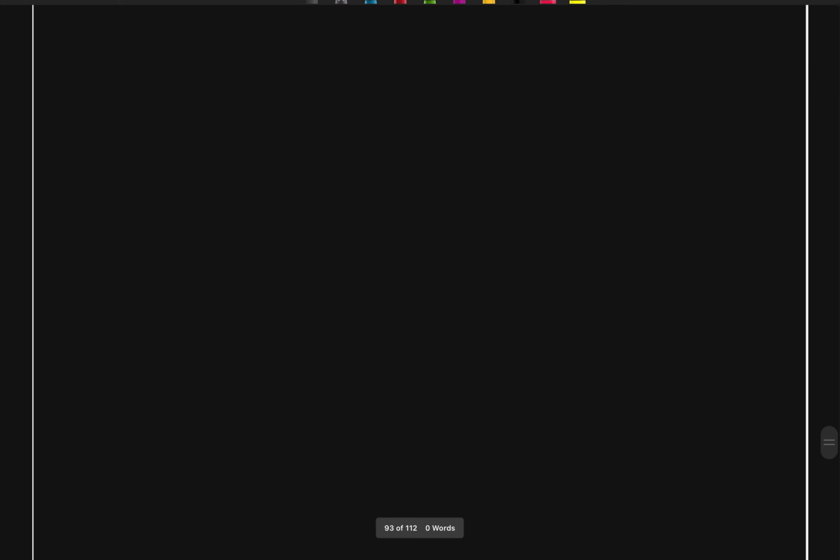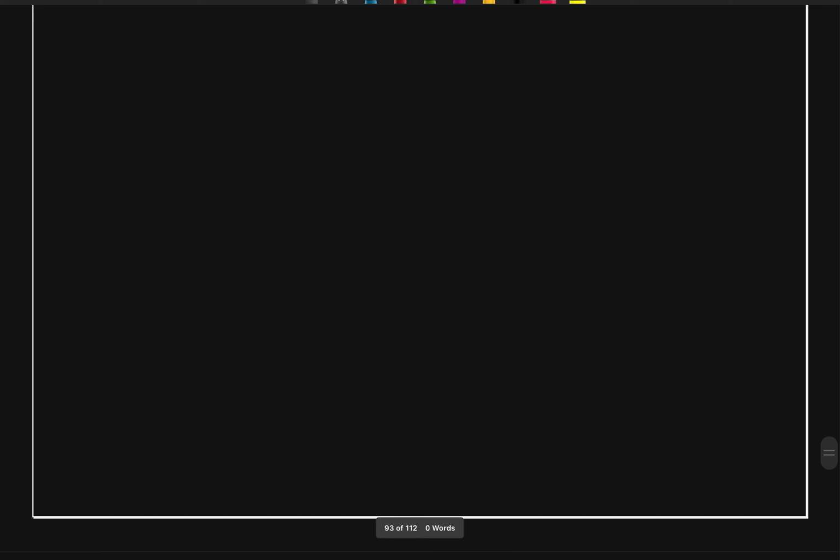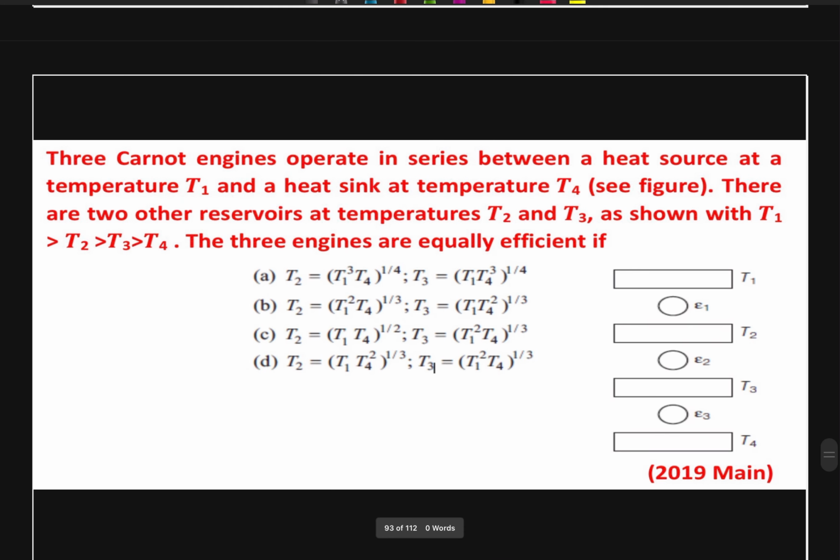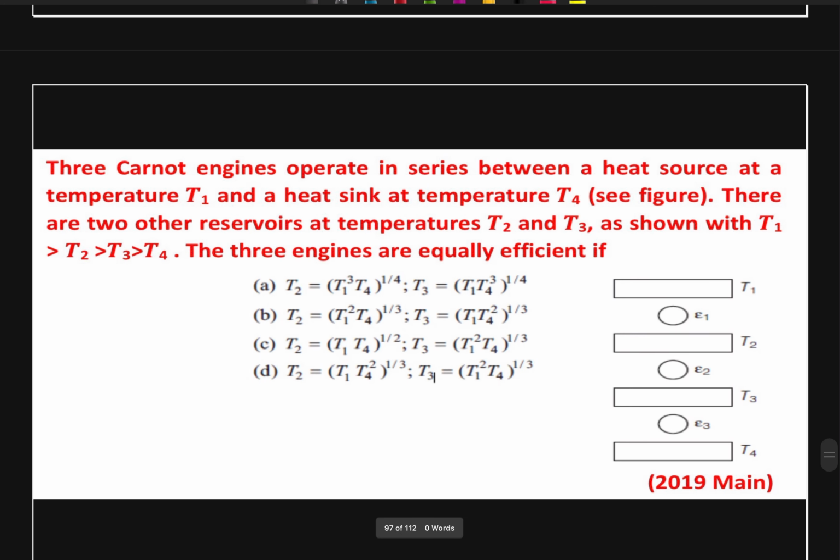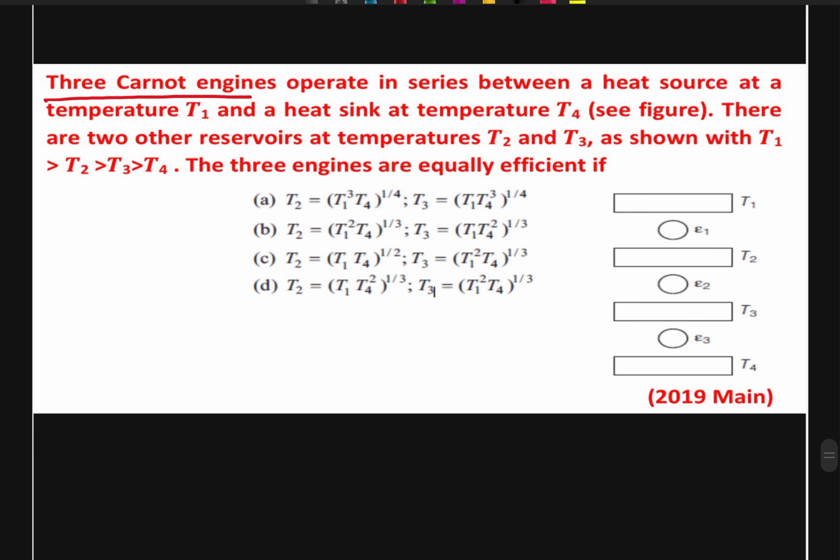Next question. It states that 3 Carnot engines operate in series between a heat source at a temperature T1 and a heat sink at a temperature T4 as in figure. There are 2 other reservoirs at the temperatures T2 and T3 as shown, with T1 greater than T2 greater than T3 greater than T4.